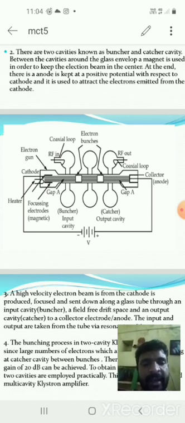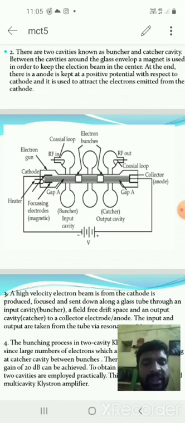The RF signal coming from the input of the buncher cavity touches the electrons. The electrons are moving towards the center of the glass by using magnets.